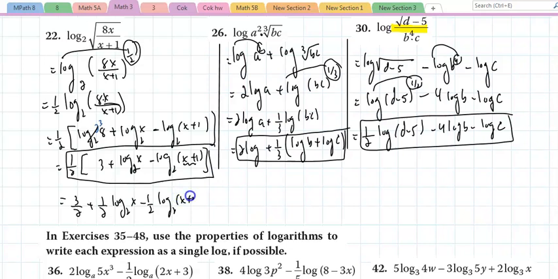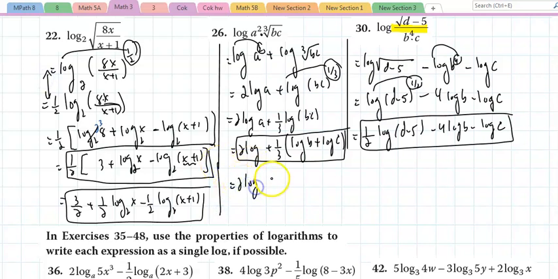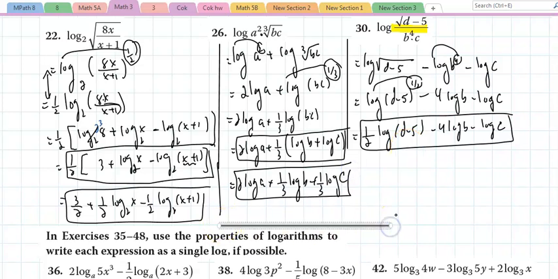And of course, the fun part is going back. So going down and going back up. And this will be twice the log of a, look at that. Plus distribute the 1/3 in, 1/3 log of b plus 1/3 log of c. And that would be this problem.